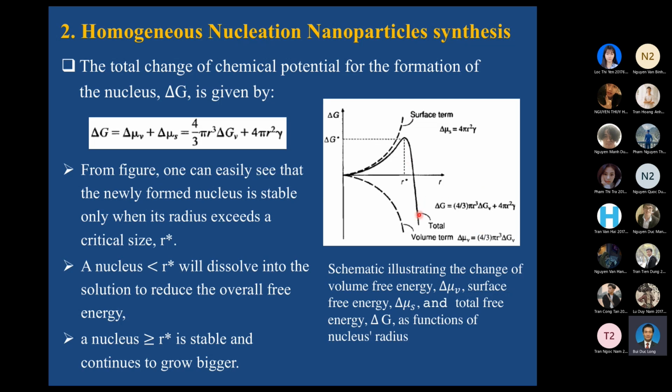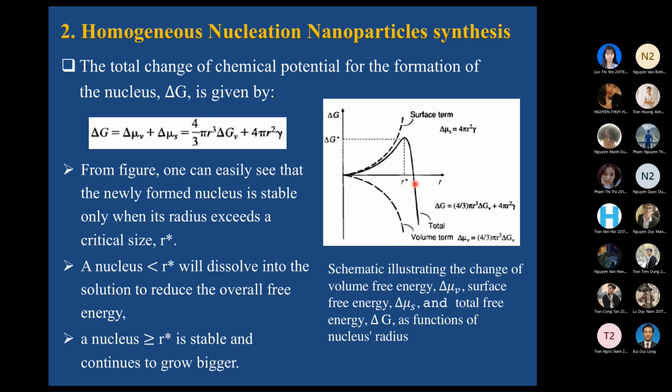As the radius of the nucleus increases, the energy of the system also increases and reaches a maximum value at the radius R star. If the particle further increases its radius, the energy of the system will rapidly decrease.